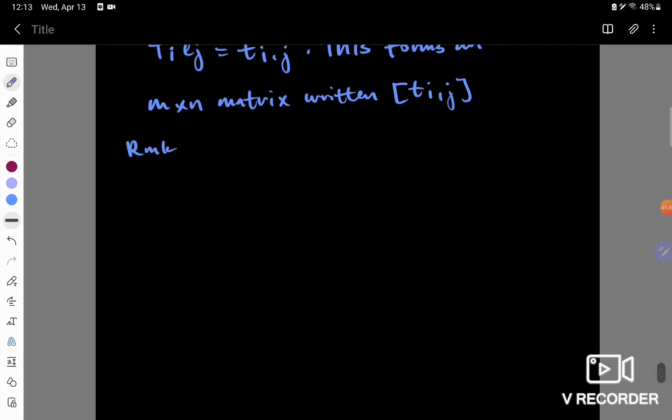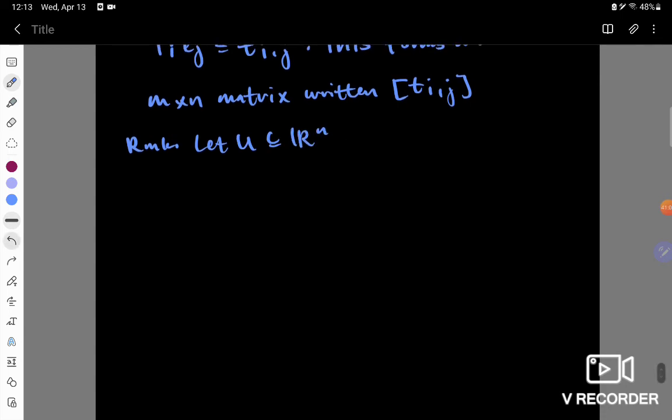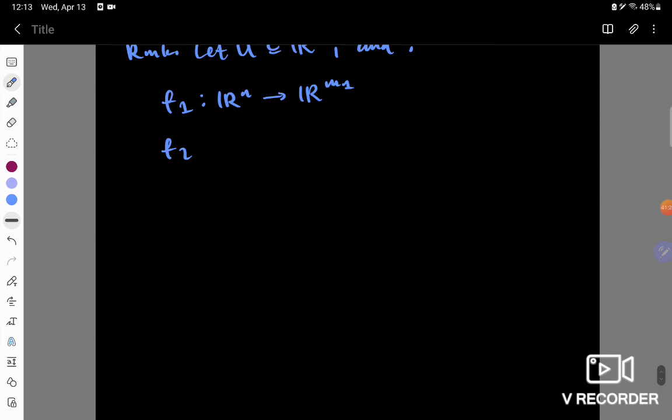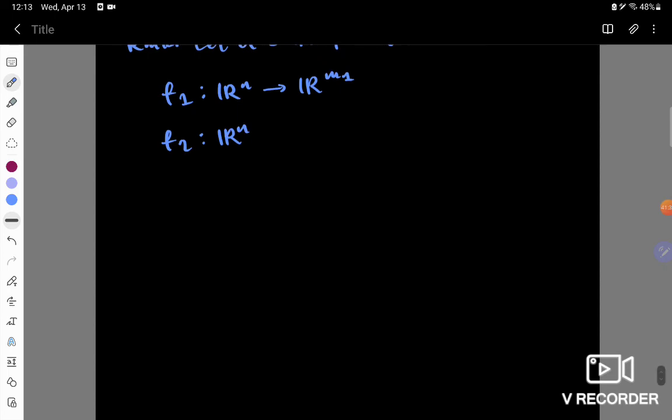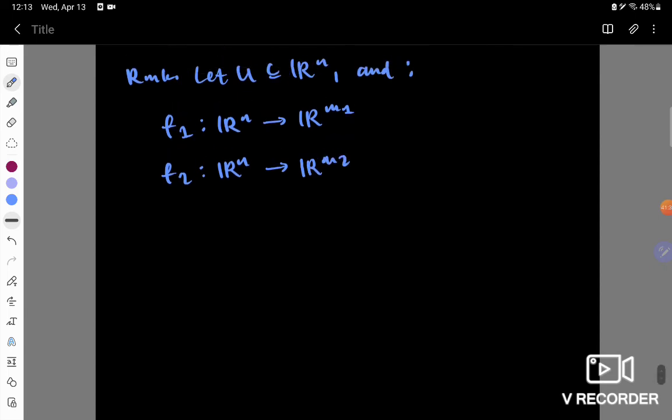Here is a remark that we might have. If we let U be open in R to the n, and we take these component functions f1 from Rn into what we'll just write as Rm1, and we have f2 from Rn into Rm2, so we have our transformations as follows.